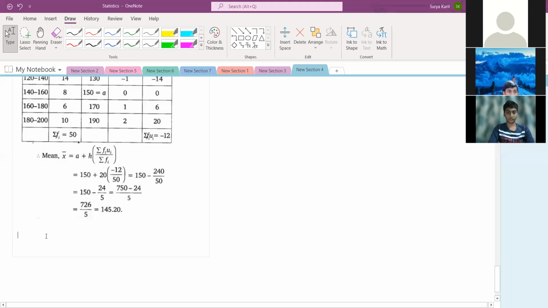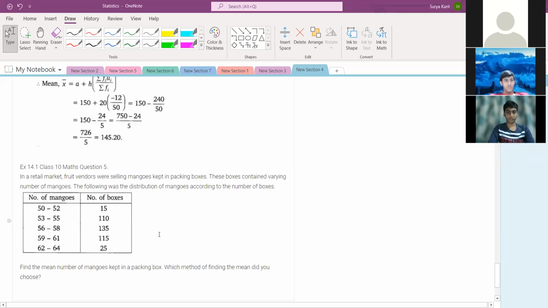So see question number 5 over here. Solve it by the step deviation method, because if you do the step deviation method, your assumed mean will be really clear, obviously, right? So find this, do it by the step deviation method.